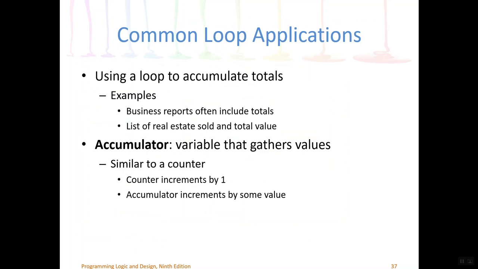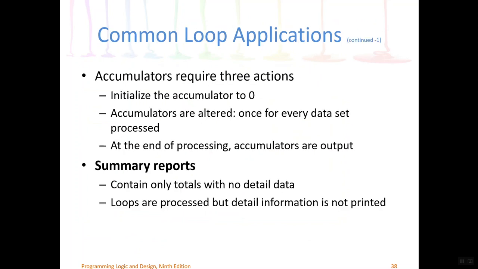It's similar to a counter, only in that it's probably numeric, but instead of starting at 1 and incrementing one time each time through the loop, an accumulator increments by some value. And honestly, this is best illustrated with an example. So let's see what that looks like.